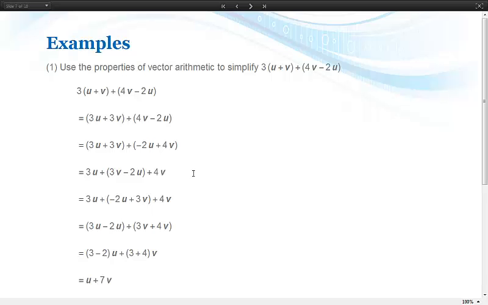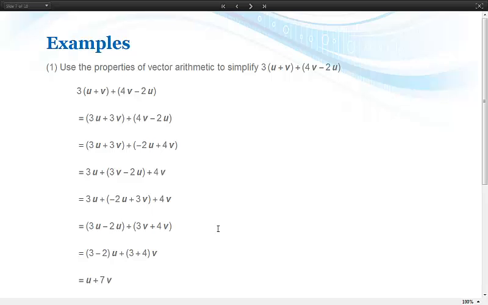Once more, I can apply the fact that vector addition is commutative. So 3v minus 2u is the same as minus 2u plus 3v. I can apply the associative property one more time and group the first two elements together and get 3u minus 2u, and group the second elements together and get 3v plus 4v.